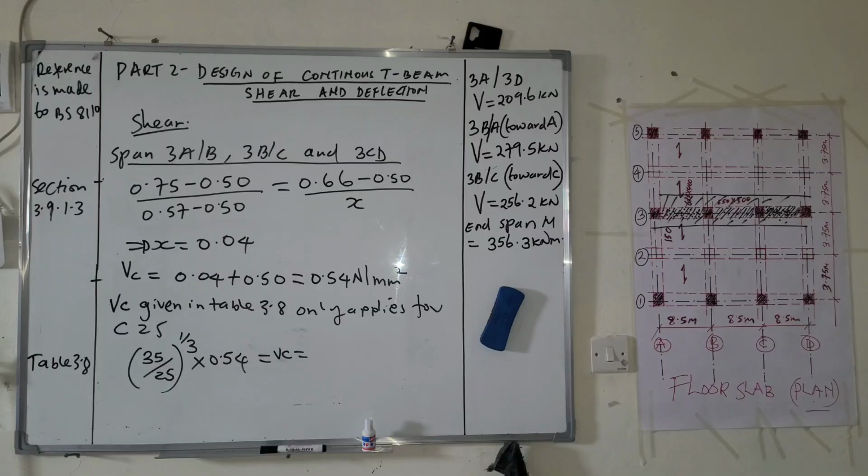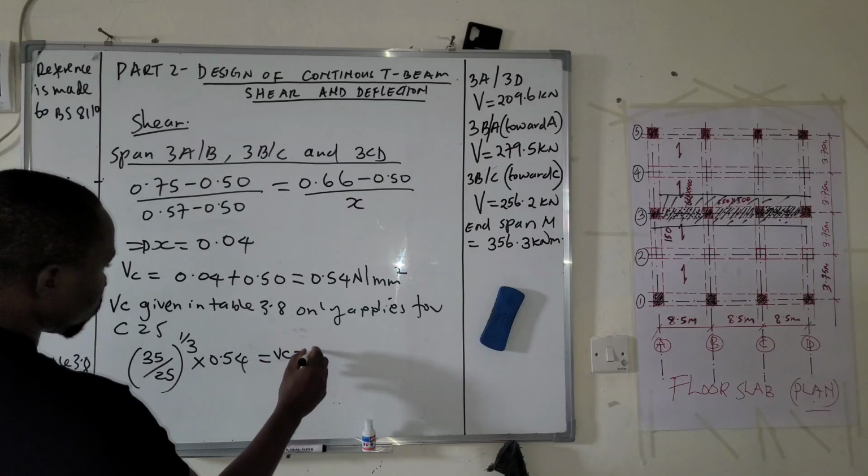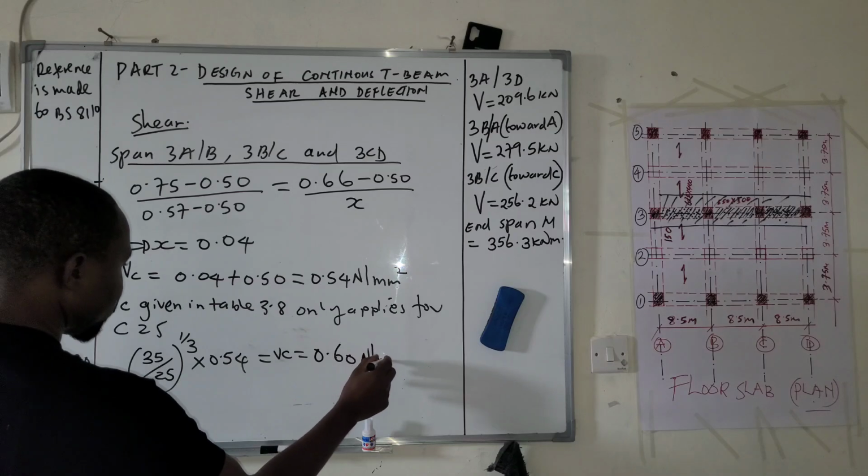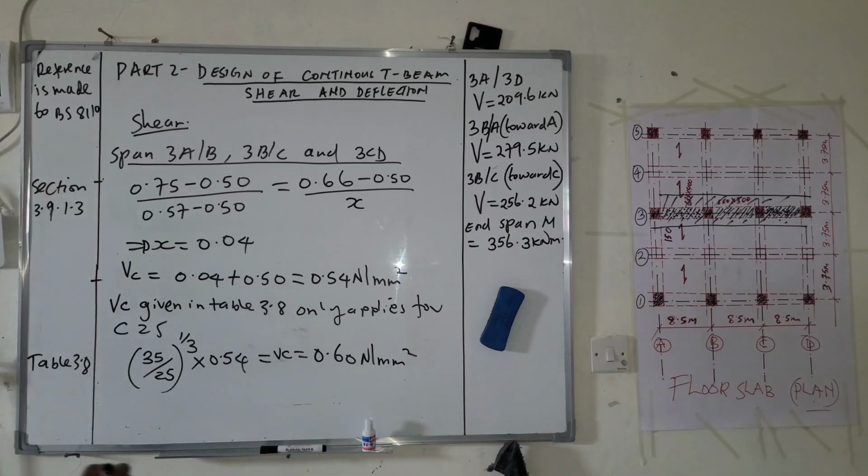So Vc is equal to 0.60 Newton per millimeter square. So that is Vc for class 35.